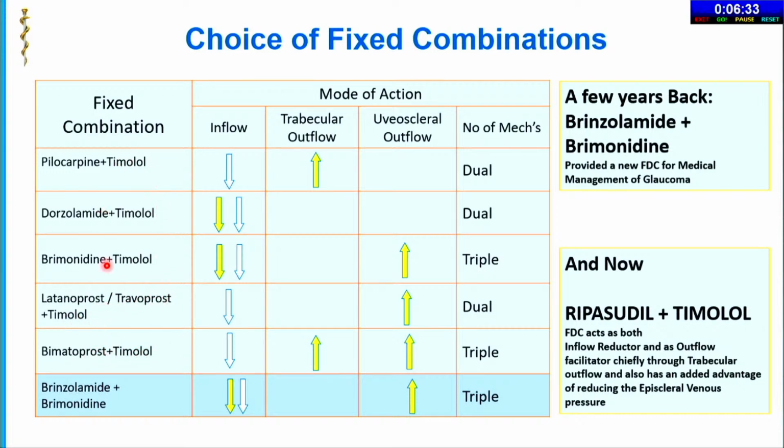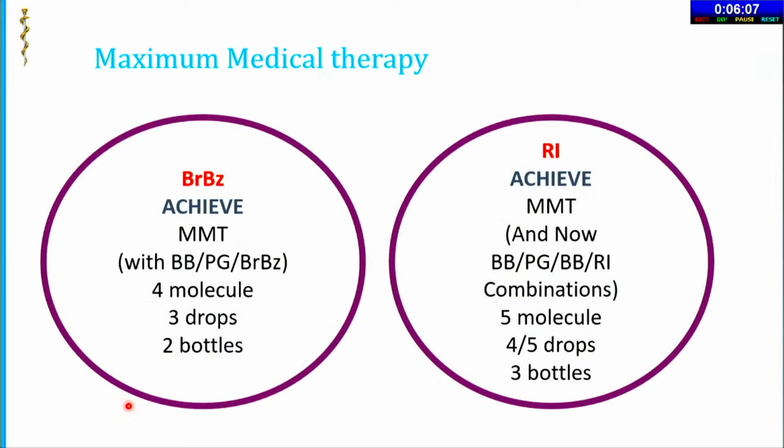All the combinations here were with timolol, but now if the patient is not able to tolerate timolol, or if timolol is contraindicated for the patient, the introduction of a fixed combination of brinzolamide and brimonidine opened up new vistas for us, and then of late the ROCK kinase inhibitors, also a combination with ripasudil, has again given us an opportunity to use FDCs in a better way.